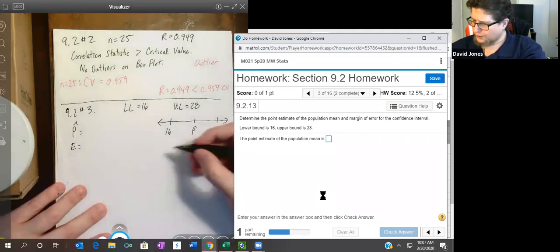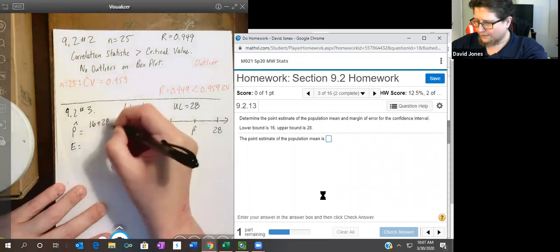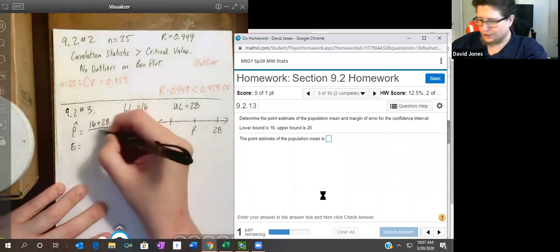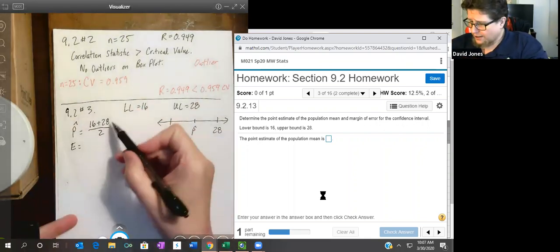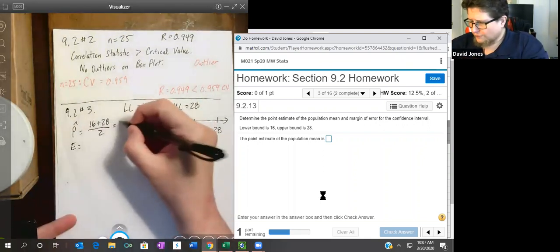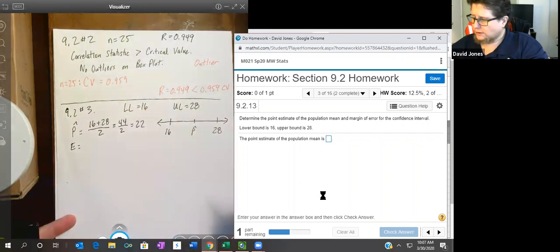So I can take the average of them, 16 plus 28 over 2. That's 44 over 2, which is 22.